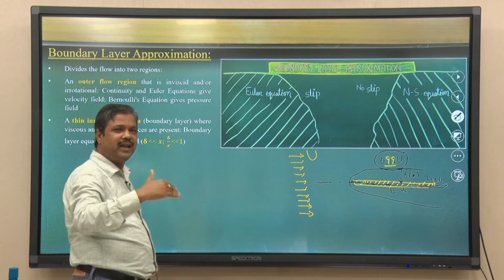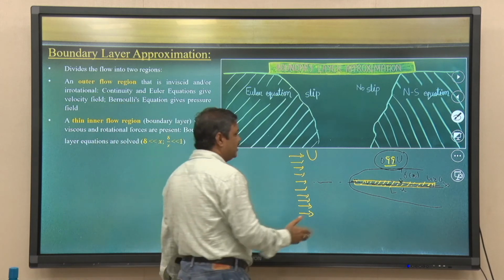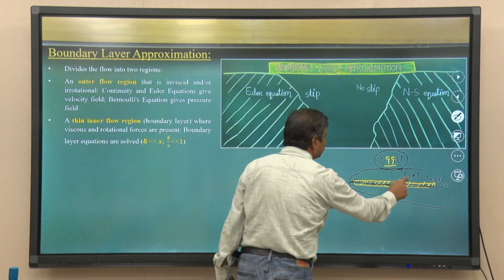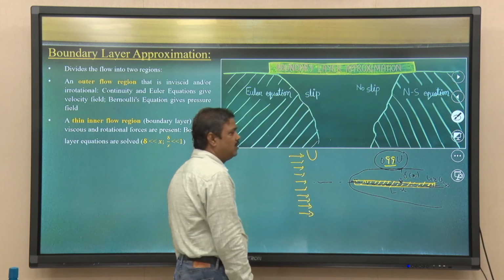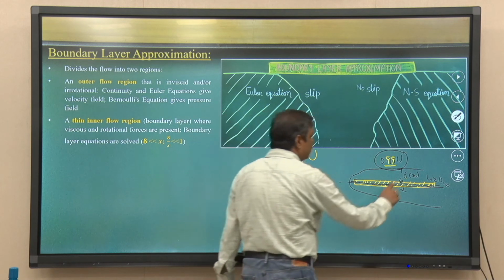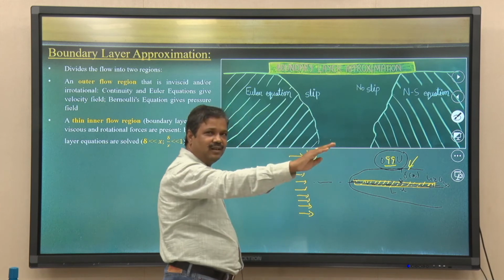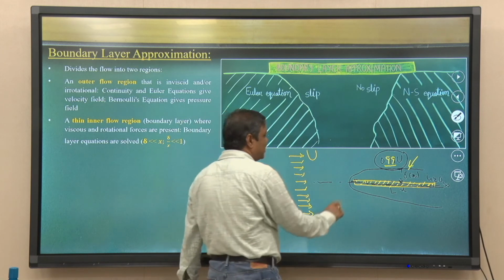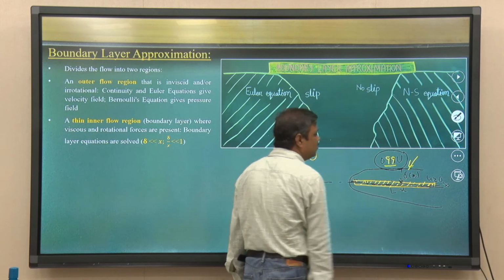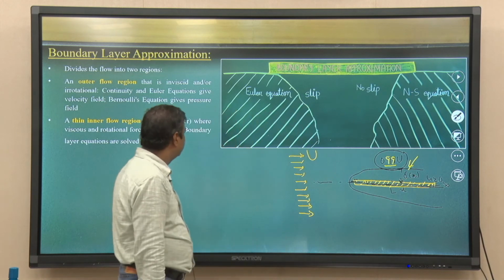The lower boundary is anyway the plate. That is the simplified case, and delta x is the boundary layer thickness, which varies along the x direction. If you anticipate it with distance, it will be an increasing trend.